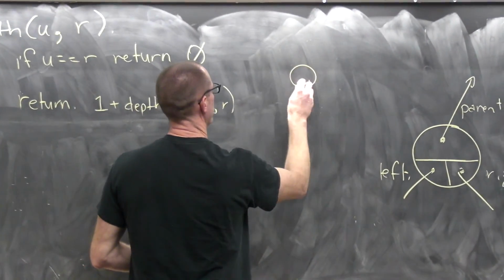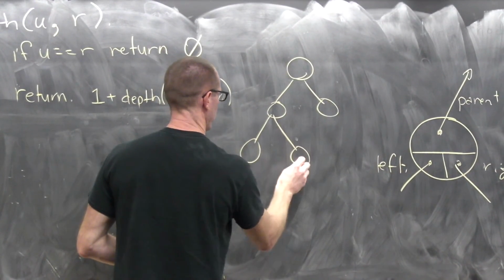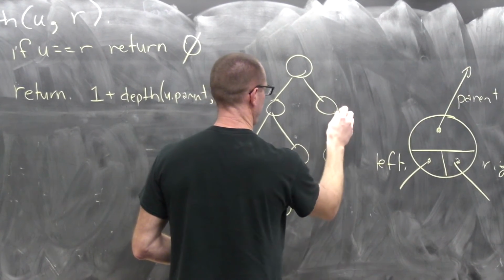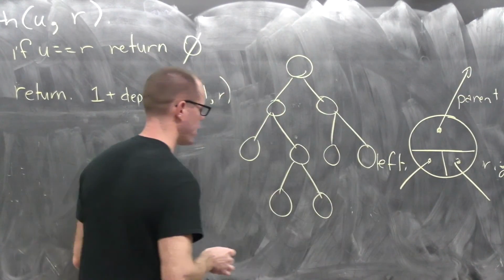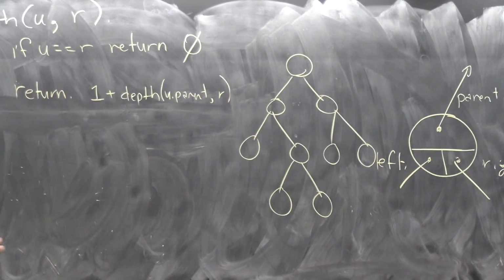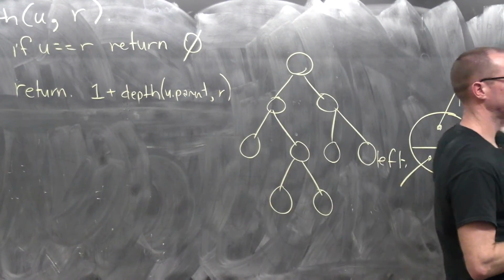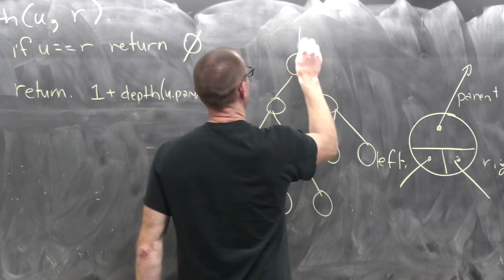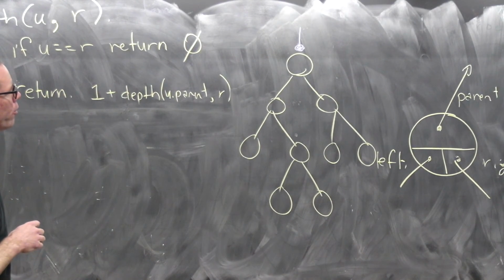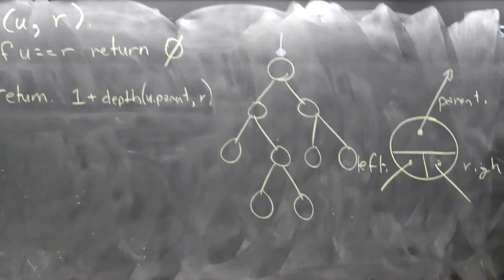So draw us a tree here. Let's leave it at that. And let's run this code for size. So it starts with r being equal to the root, and then it makes a recursive call on the left side.